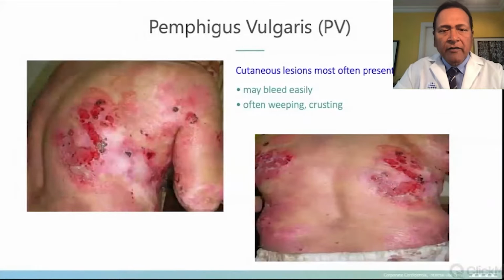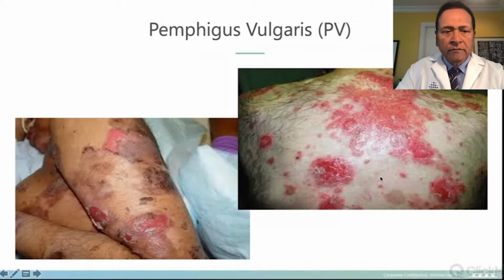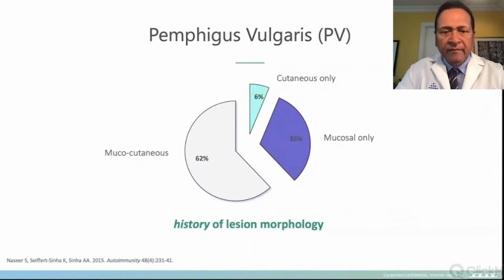And again, you often don't see intact blisters, but patients often present with these extensive erosions where the blisters have sheared off. And so the lesions can bleed easily and are often weeping and crusting. And here you see some more examples. So it can be very extensive at times and therefore can even be life-threatening as we discussed.